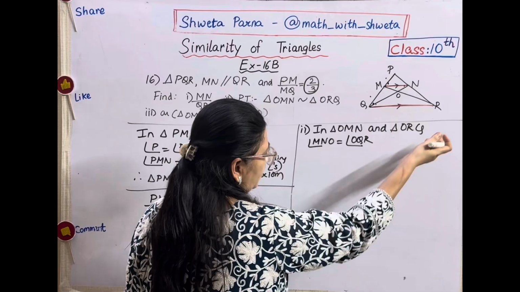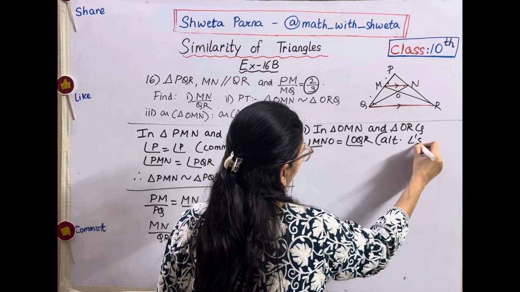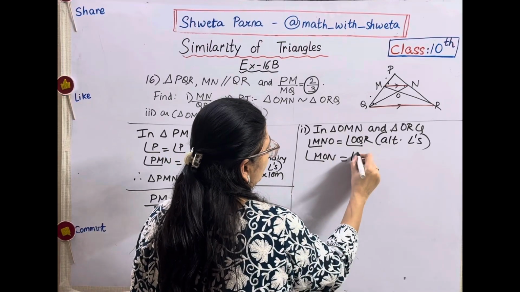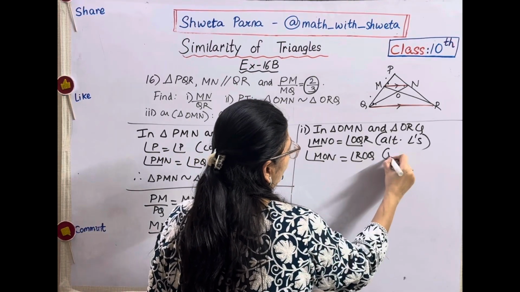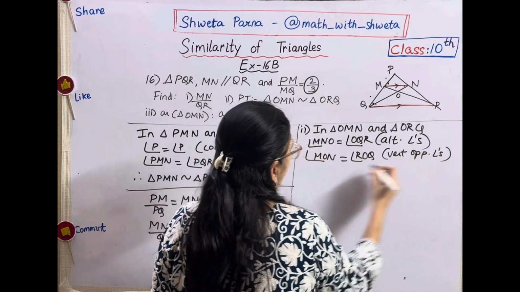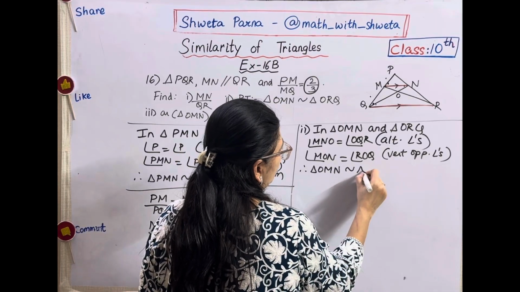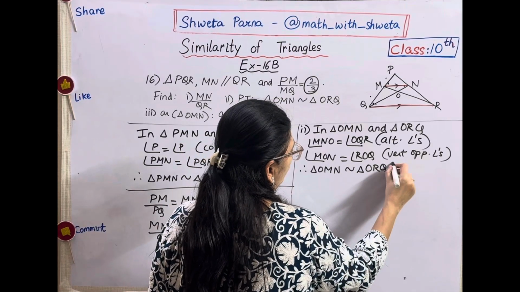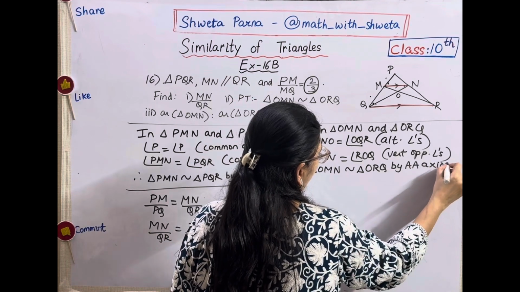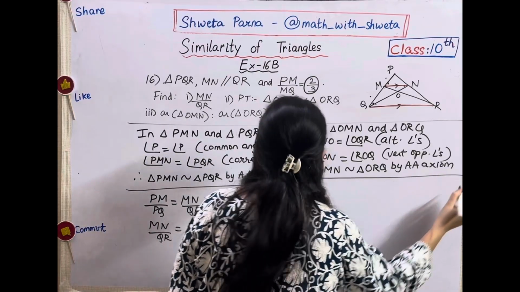Also, you can take another pair of alternate angles or you can take vertically opposite angles. Anything is fine. And angle MON is equal to angle ROQ, vertically opposite angles. Therefore, triangle OMN is similar to triangle ORQ by the axiom test of similarity. Correct? We proved this.